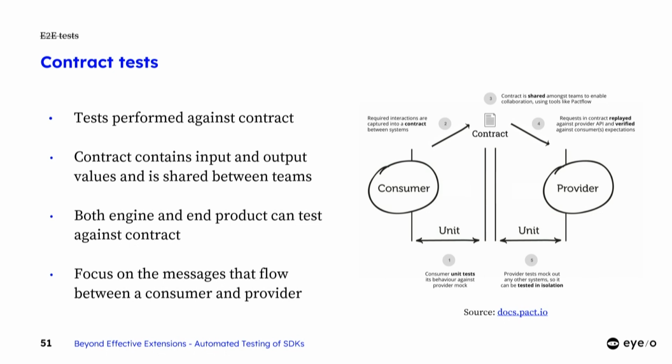This is very beneficial for both teams because both the extension team and the team working on the solution can test against the same contract and make sure that they are compatible.